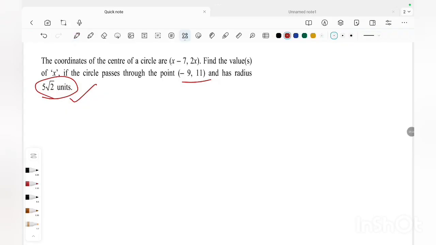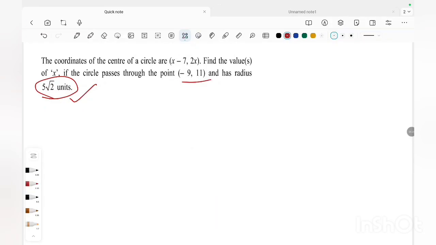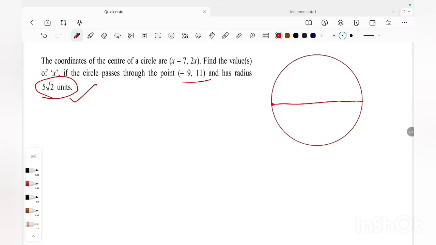Okay, let's draw a circle. Mark it as point A, this as point B, this is center C. Suppose this is center C. Its coordinates are x minus 7 and 2x.